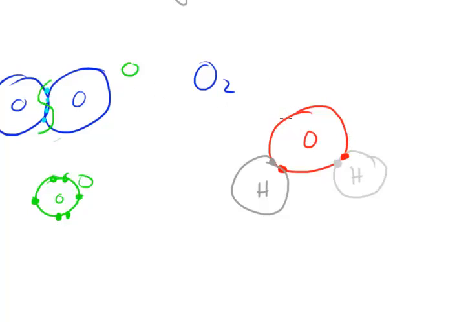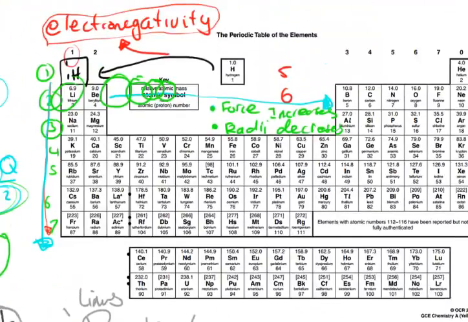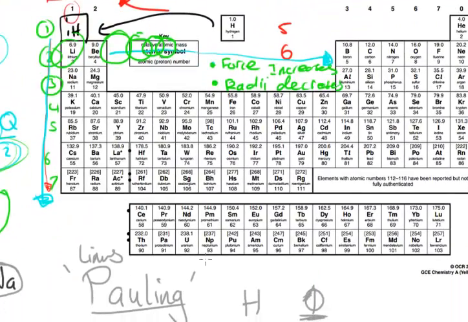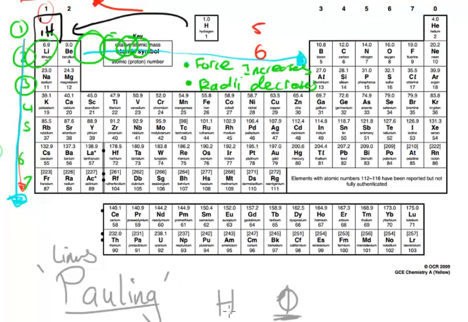And oxygen has 2 lone pairs of electrons. This basically means that those electrons aren't bonded to anything. They're just sitting there on the oxygen. And so in this bond, if we go back and look at the periodic table from the perspective of electronegativity, we can see that hydrogen compared to oxygen, as I said in my last video, electronegativity increases as you go this way.